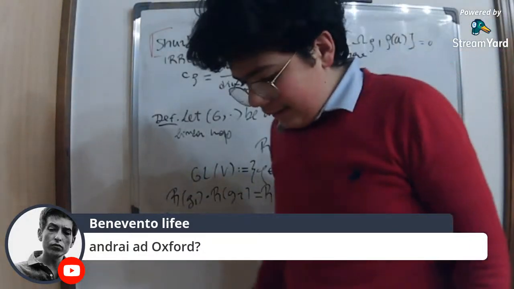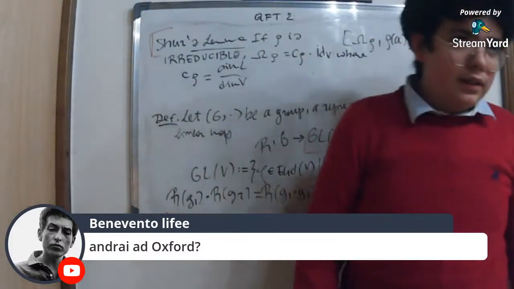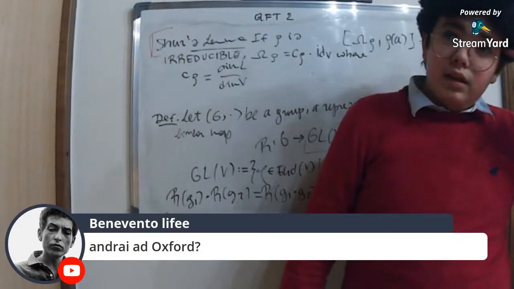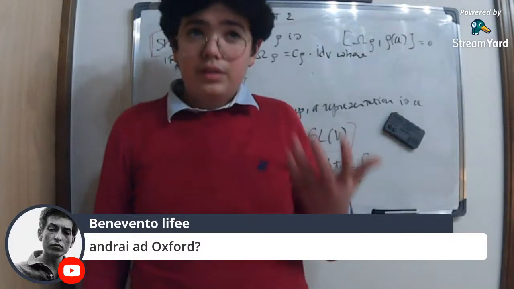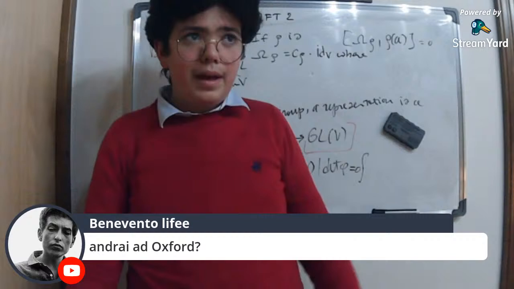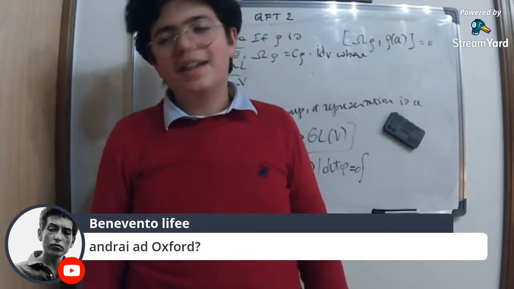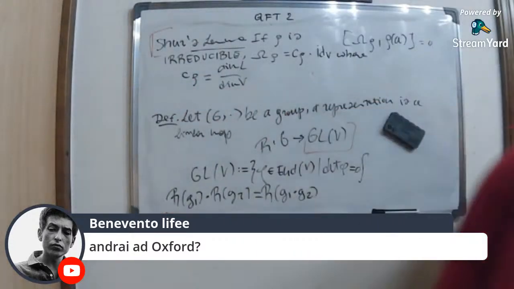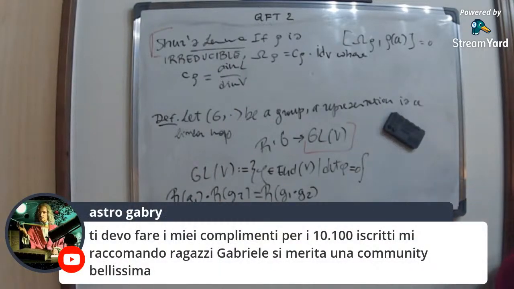Of course I'd like to, but there are many good colleges, great colleges, for example the Normale of Pisa, it's an example, but Oxford is a great university. Thanks, Astro Gabri.